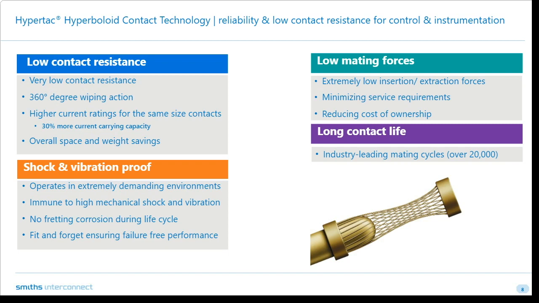Low mating force. If you have played with one of these connectors, you would experience how easy it is to mate and demate this particular connector. And why is this important?